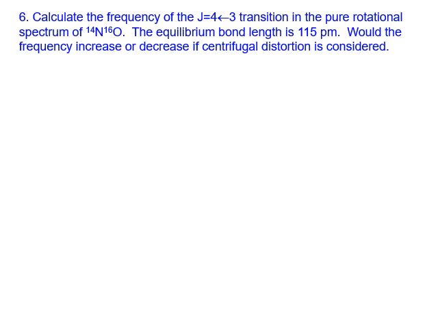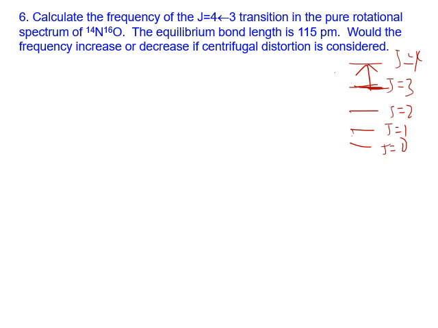Question number 6. Calculate the frequency of transition from 3 to 4 in the pure rotation spectrum of nitrogen monoxide. Now, the rigid rotor model tells us the energy is not equally spaced. So let's draw a few of them. This is J equals 0, 1, 2, 3, 4, and we want to calculate the transition frequency from 3 to 4.